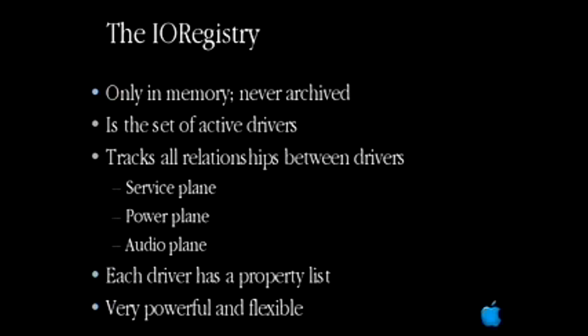And then that's going to know about the PCI buses that are on the system. It's going to bring in a PCI bus driver. The PCI bus driver will then say, hey, there's 4 PCI devices here. Those PCI devices will then bring in various drivers, some of them third-party, some of them Apple, and so on and so on. By and large, this structure looks like a tree.